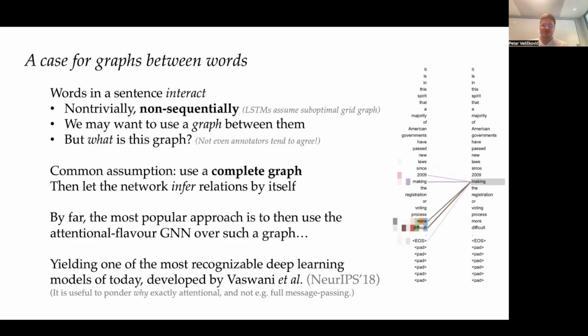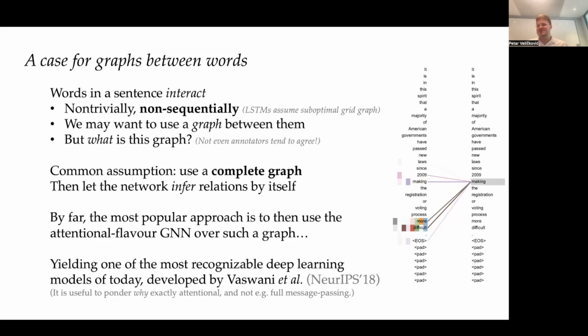So there are some very interesting interactions between the individual words in a sentence that modulate the meaning of that sentence or how it should be translated, okay? And generally, we know that these interactions are not trivial and, more fundamentally, not sequential. It's not like one word interacts only with the two words immediately next to it. These interactions can stretch across even multiple paragraphs.